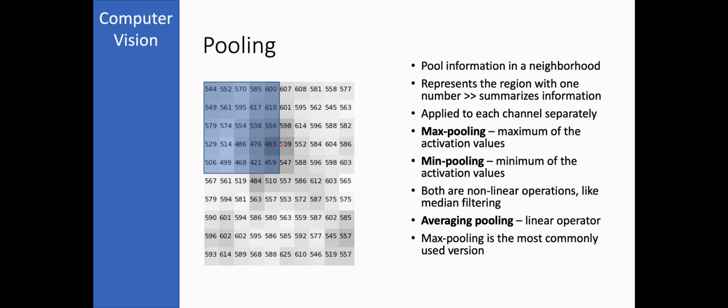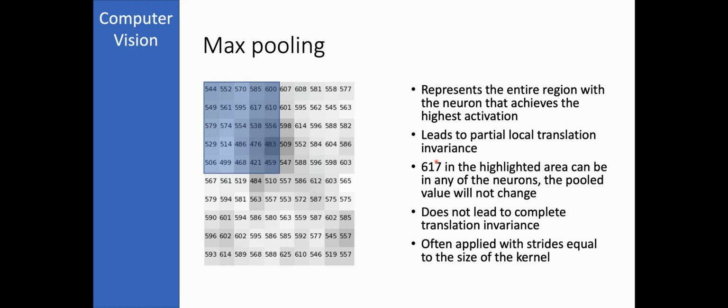Max pooling is the most commonly used version, and you can imagine that max pooling is roughly very similar to min pooling. In a max pooling operation, you represent the entire region with the neuron that achieves its highest activation. And this leads to a partial local translation invariance because wherever that 617 is, it will be retained.